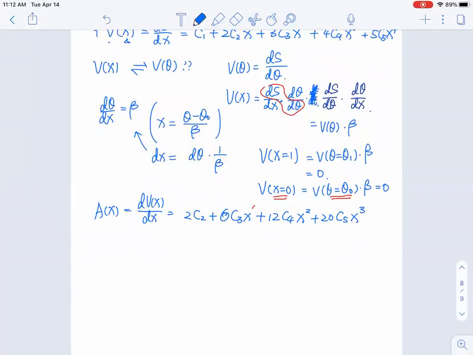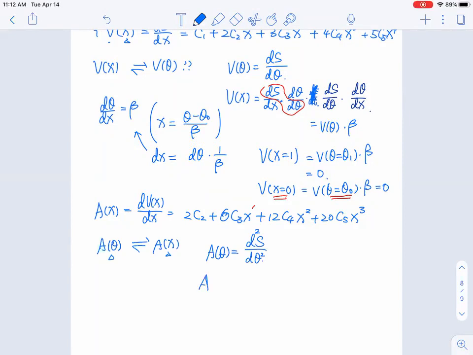Again, you need to connect your A theta with Ax because all the boundary conditions are given in theta. And then we need to use boundary conditions in X domain to solve these polynomial equations. How can you find that? Similarly, using the chain rule, your A theta is d squared S d theta squared.